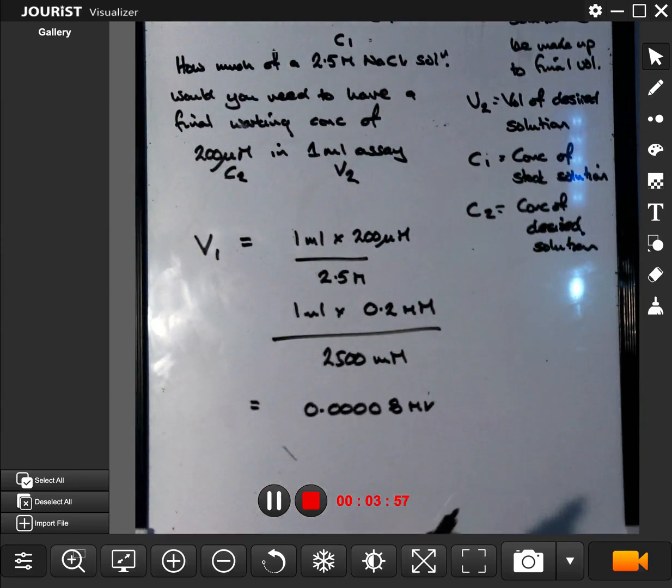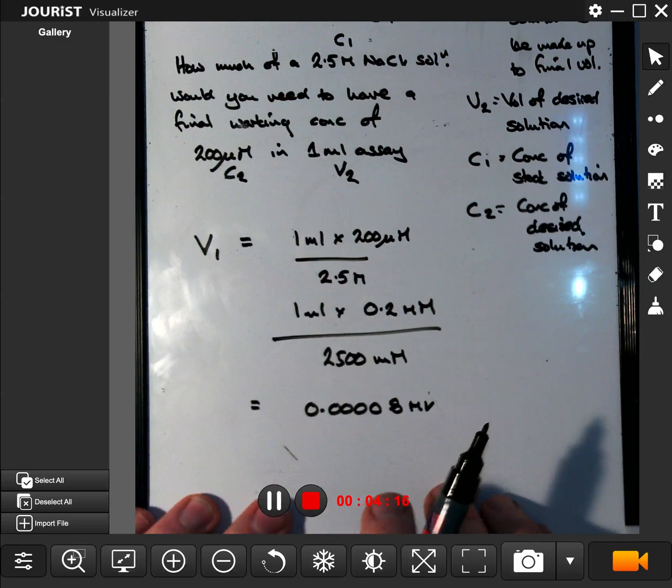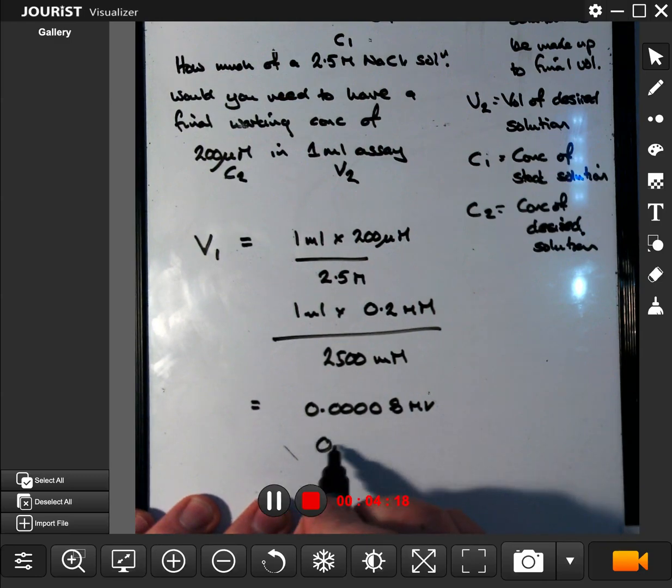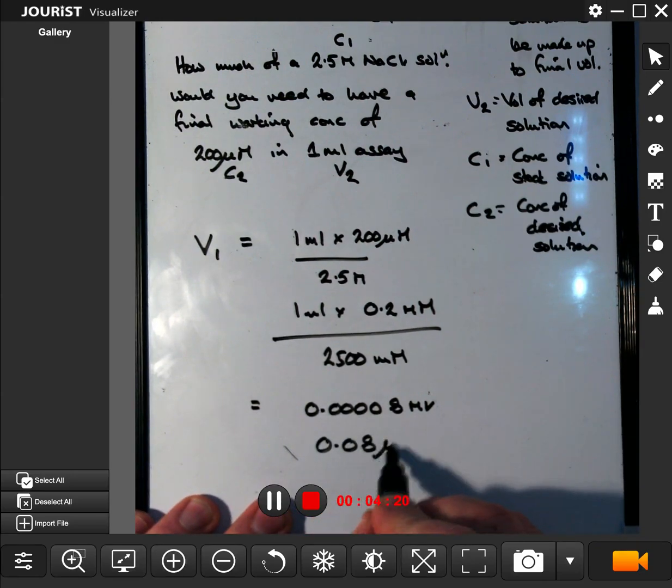So we need to change this into microliters, just to give us an idea if it's a feasible number for us to pipette, because that looks like a really small number. If we change that into microliters, it's 0.08 microliters.